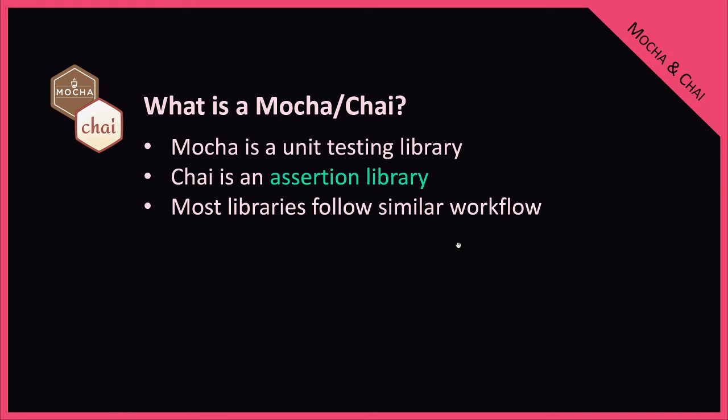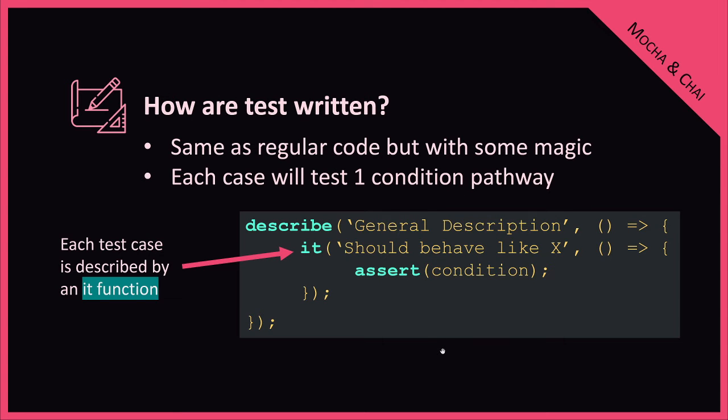Maybe the grammar is a little bit different, but they're all made so that when you write a test, you can almost understand in plain English what you're writing and testing. I'm going to show you what a test looks like in general. It's the same as regular code, but because we're adding those libraries, we're going to add some magic.